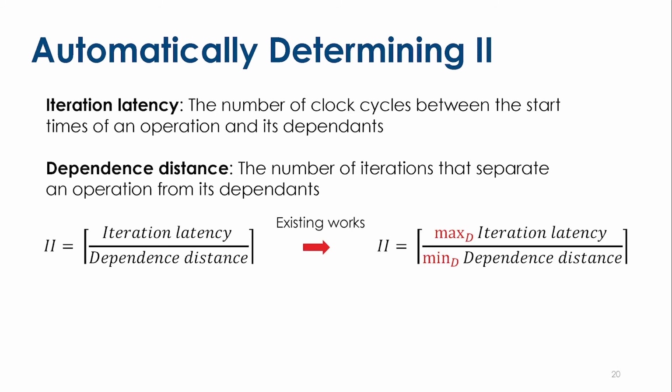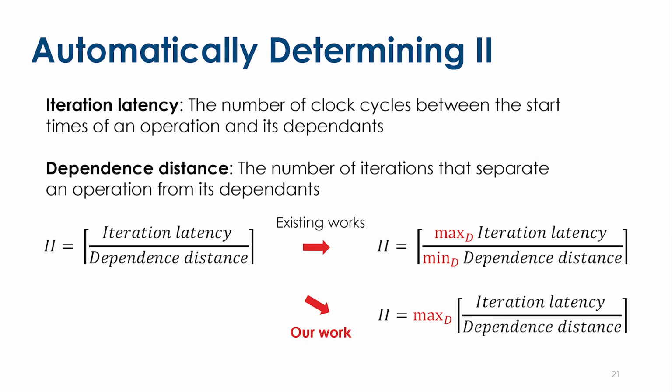Existing approaches like SDC-based scheduling approximate these two terms independently. It takes the maximum value among all the iteration latencies and the minimum value among all the dependence distances to determine the minimum II. However, such approximation ignores the correlation between the iteration latency and dependence distance.